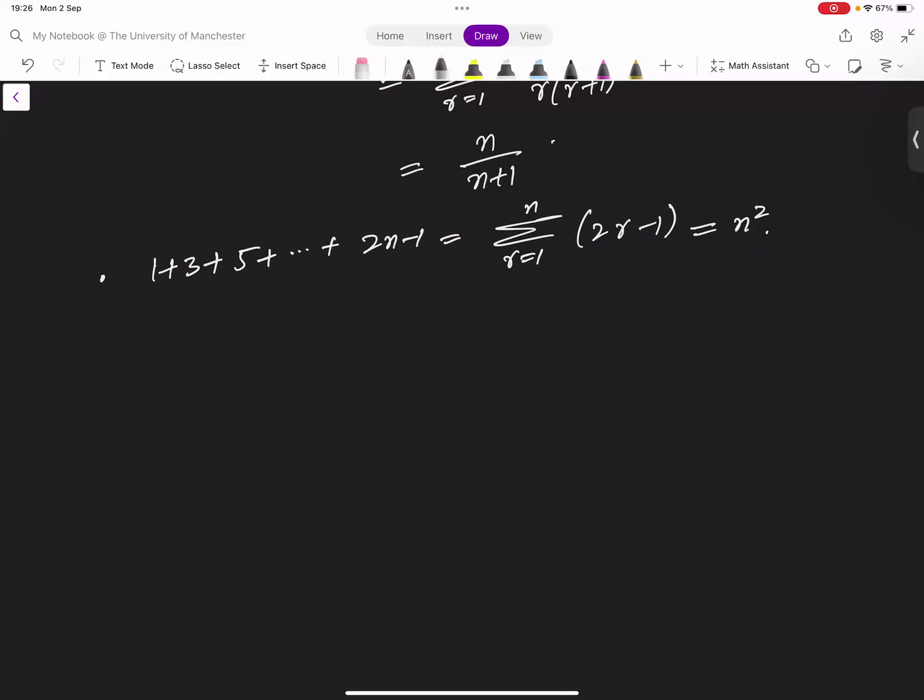You can also write this notation by multiplying constants and then adding these sigma terms.